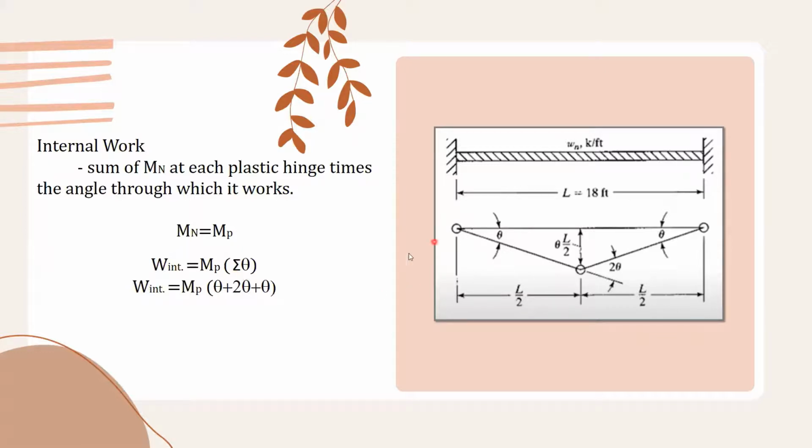Since plastic hinge to, ito and ito, may theta tayo, theta ulit, and 2 theta. So, internal work is equals to M sub P times theta plus 2 theta plus theta.